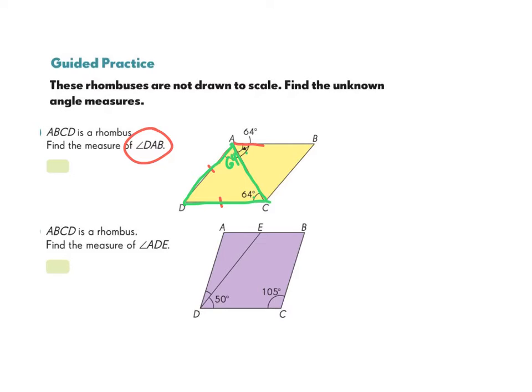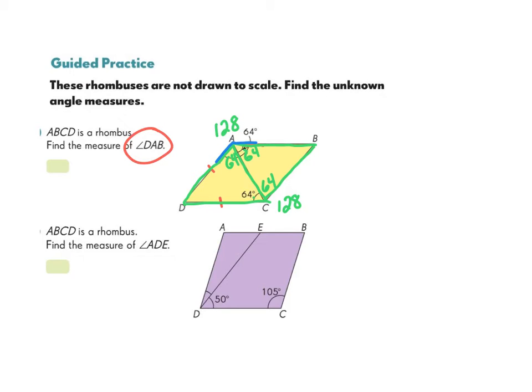And if this is, well, let's just talk about this, then this is also an isosceles triangle. If this is 64 degrees, so is this. So that means each corner is 128 degrees fully, and I guess that's all we need because DAB is right here. So that's 128 degrees, and we could go further and figure out the other two, but from the question it's asking, we don't need to.